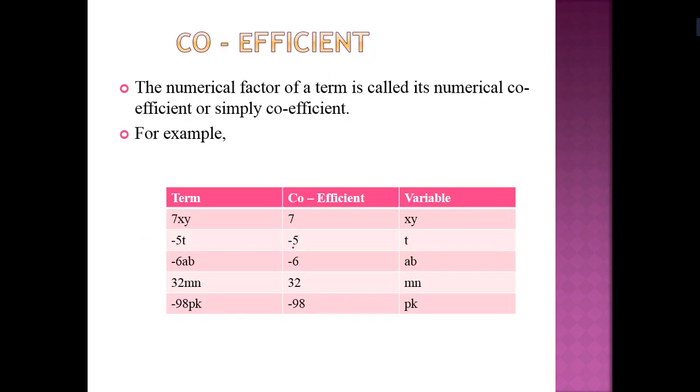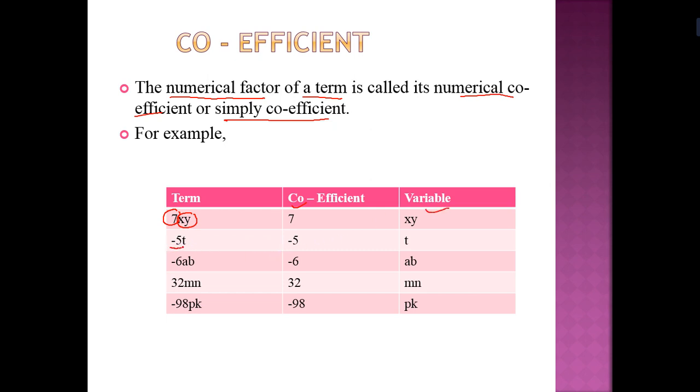Now coefficient. The numerical factor of a term is called its numerical coefficient or simply coefficient. The numerical factor of any term is called numerical coefficient or simply coefficient. So 7xy, so 7 we can say as a coefficient, and xy we can say variable.